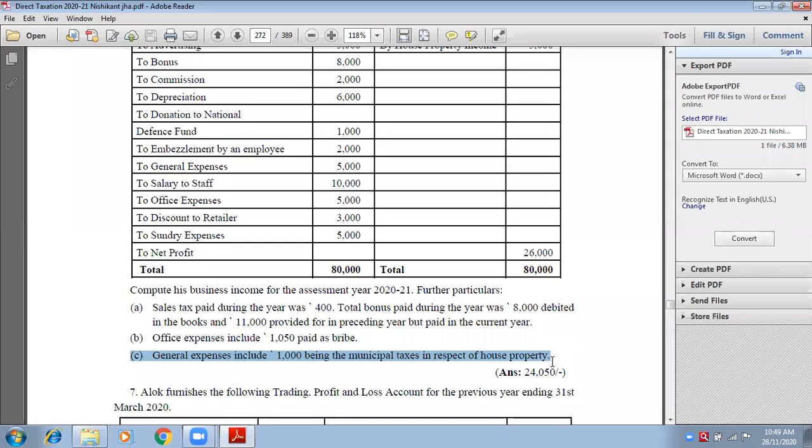They have shown it in the P&L. So take it out. To take expenses out, we need to add. You need to add 1,000 rupees as municipal taxes in respect of house property.